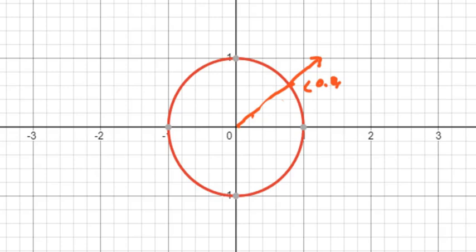I think it's too thick. Make it, yeah. So this is an angle theta, or t, we call it t. It cuts the point on the unit circle and it's 0.6, 0.8, right?